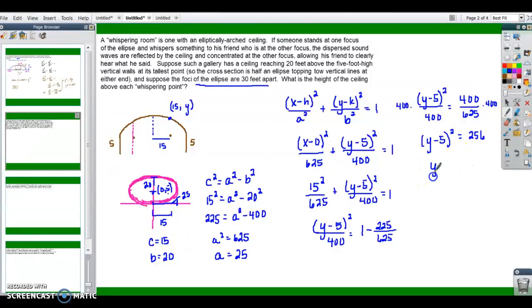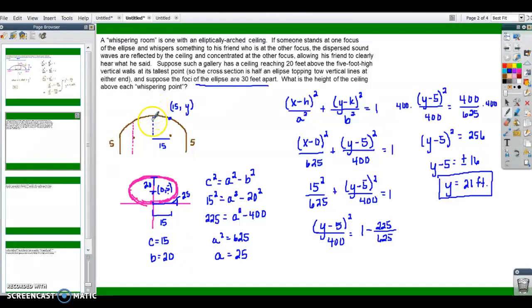So I end up with y minus 5 is equal to plus or minus 16. And so y comes out to be 16 plus 5, which should be 21 feet. So the height of the ceiling above each whispering point is 21 feet.